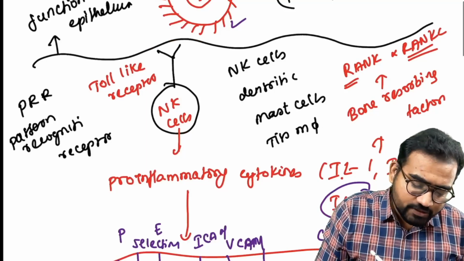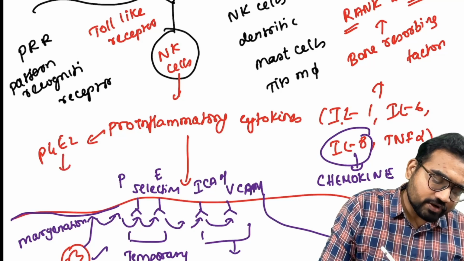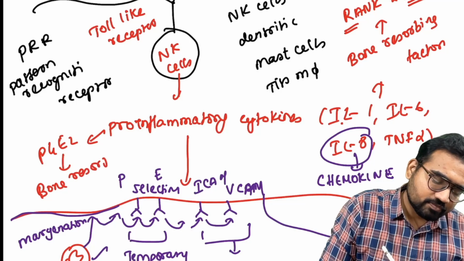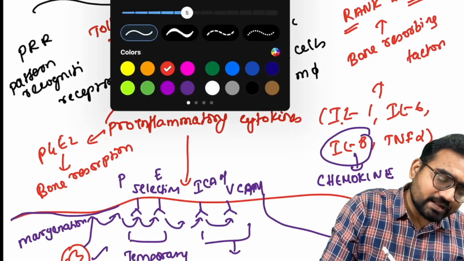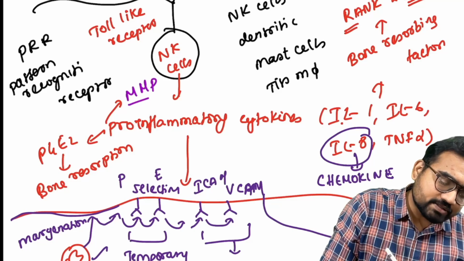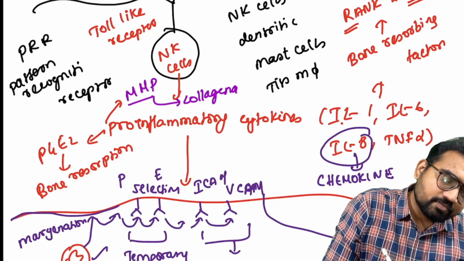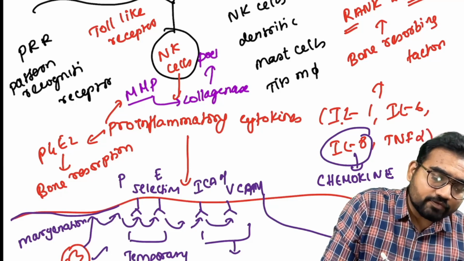These pro-inflammatory cytokines also stimulate prostaglandins, which stimulate bone resorption. And they also stimulate MMPs. What is MMP? Matrix metalloproteinases, which release collagenases that destroy the collagen, resulting in pocket formation.